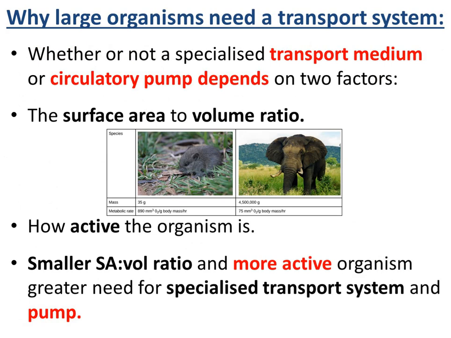Whether or not a specialised transport medium or circulatory pump is needed depends on two factors: the surface area to volume ratio of the organism and also how active the organism is. In general, the smaller the surface area to volume ratio and the more active an organism, the greater the need for a specialised transport system and the pump.